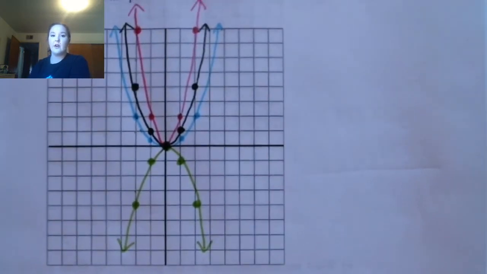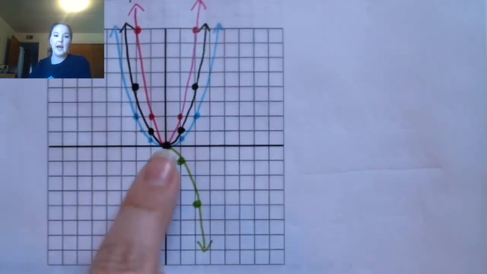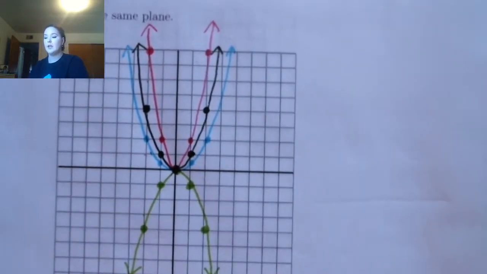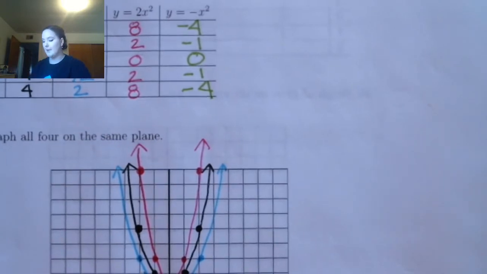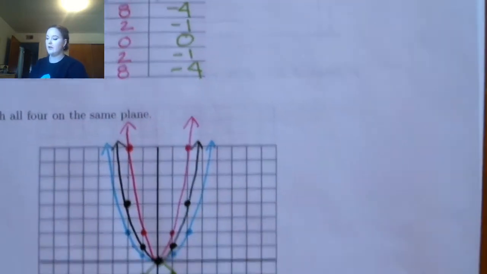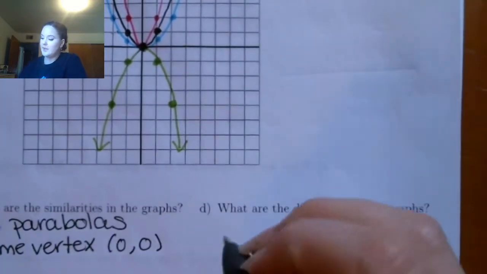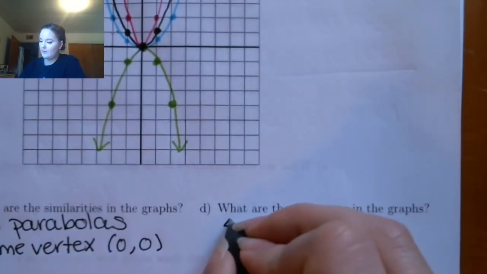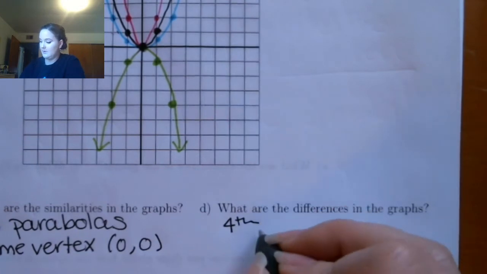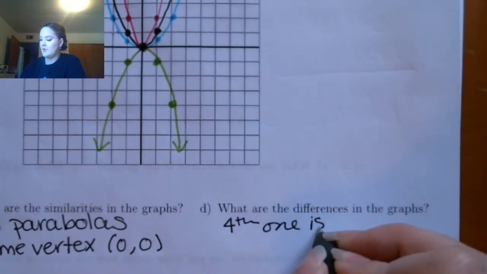All right, let's look at some differences. I think the most obvious difference is that the last one is upside down. We'll think about why later. We're going to say that the fourth one is upside down.